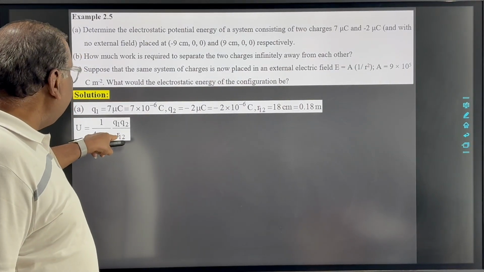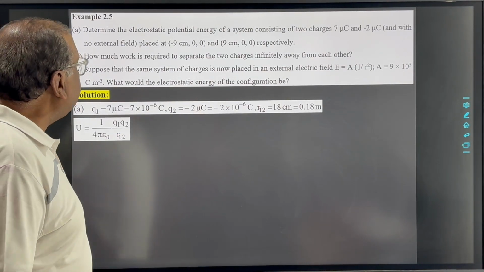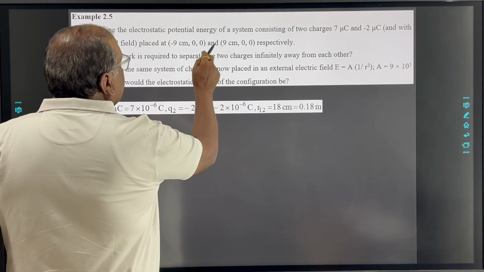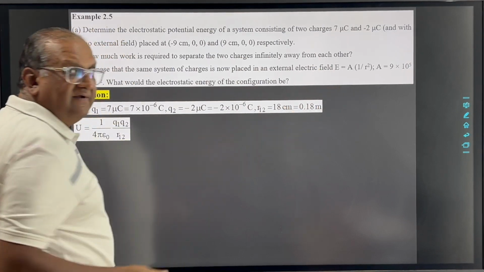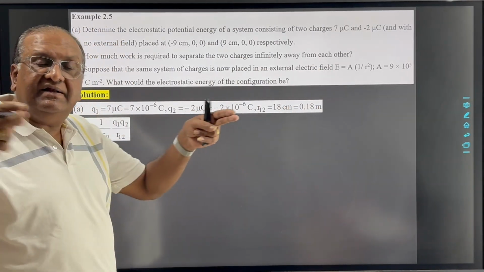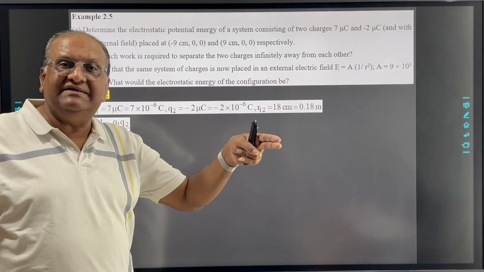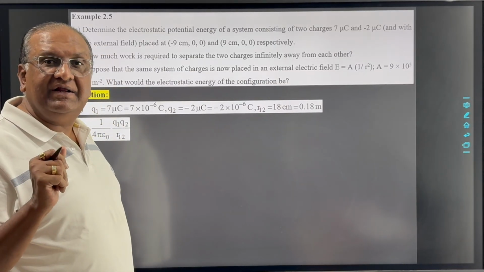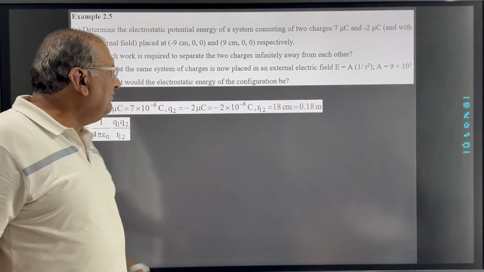Now distance between those two charges R12. So one charge is at minus 9 centimeter and another one is at plus 9 centimeter. It implies that the distance between those two charges, that is 9 plus 9, that is 18 centimeter. So that is 0.18 meter.